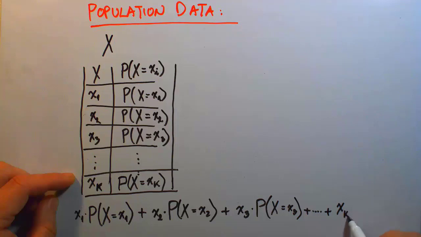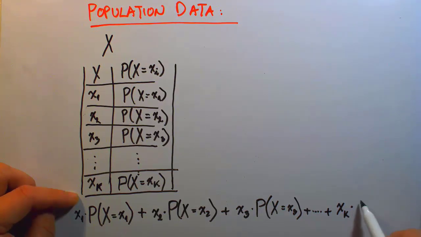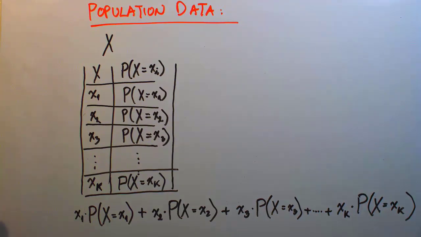So xk, the ending value in our list, multiplied with the probability where random variable X equals xk. That is how we find a mean value.